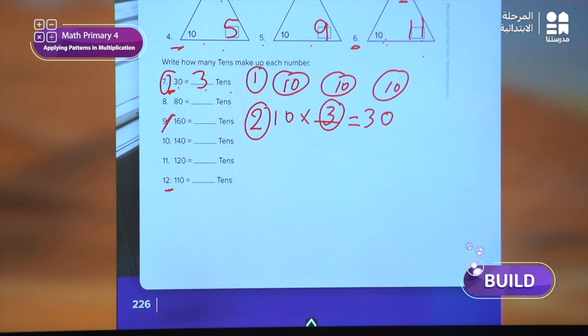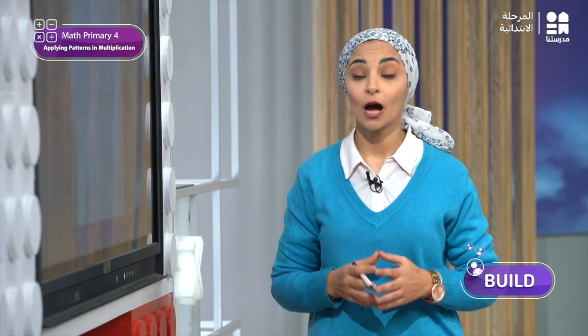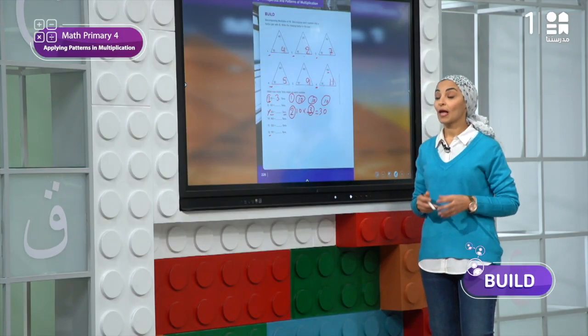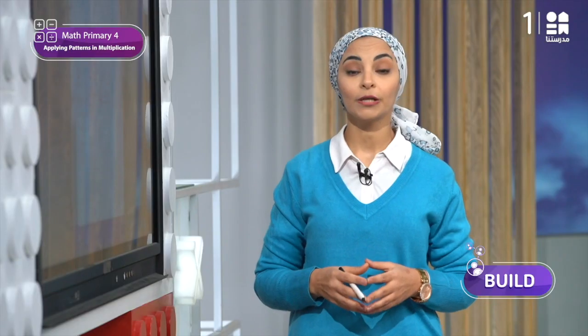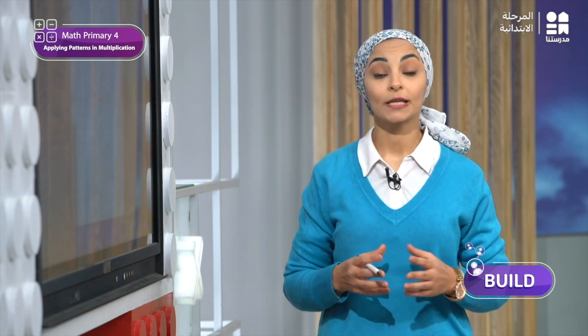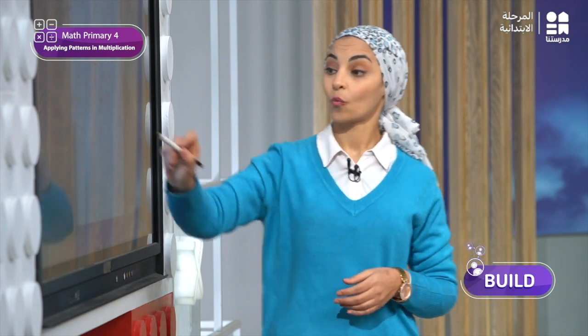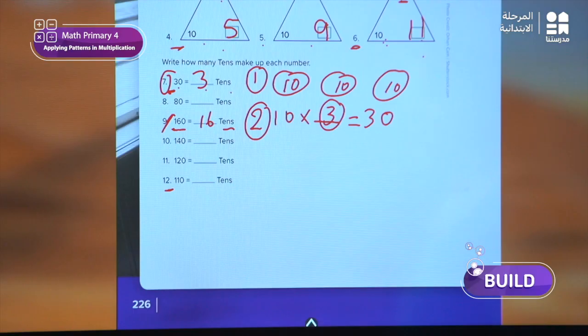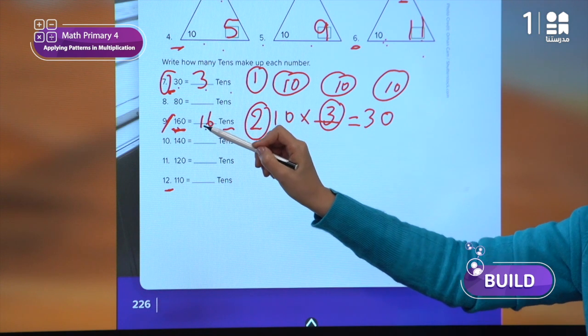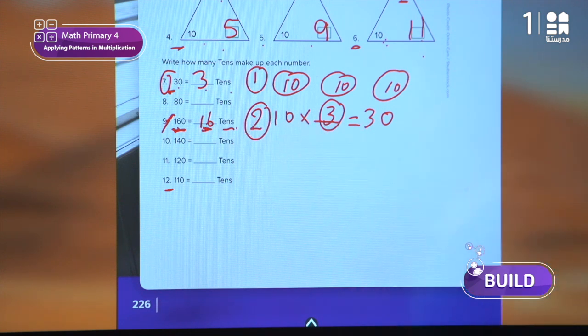Problem number 9, here we need to know how many tenths make up 160. يعني 160 دي فيها كام tenths؟ أول حاجة we need to find the number. يعني هعمل 10 times what gives me 160. طيب, هسأل نفسي برضو that 1 times what equals 16. Yes, 1 times 16 gives me 16, right? And then I will add the 0. يبقى 160 equals to 16 tenths.